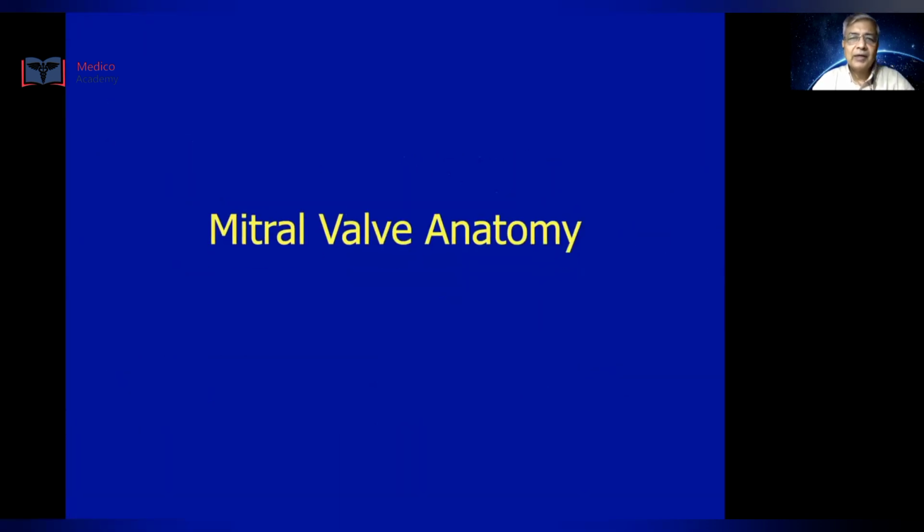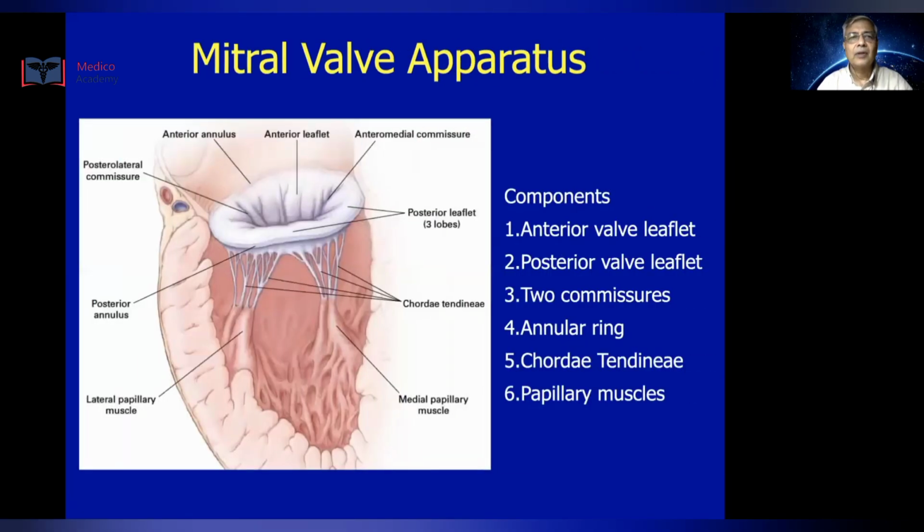When we talk about the mitral valve, we should know and understand its anatomy. If you look at the structure of the mitral valve, it has basically two leaflets, the anterior leaflet and the posterior leaflet. And these leaflets are joined together at what are called commissures, the anteromedial commissure and the posterolateral commissure.